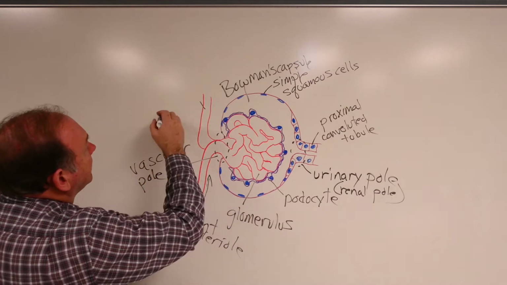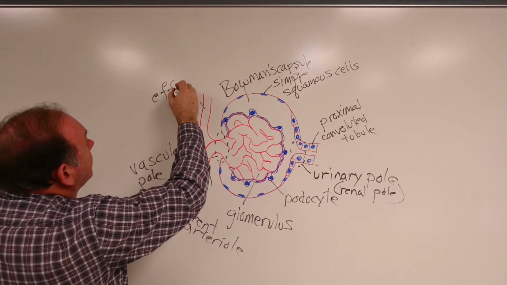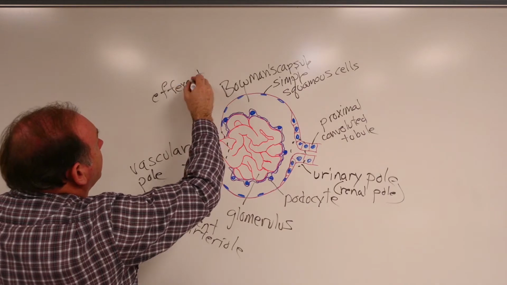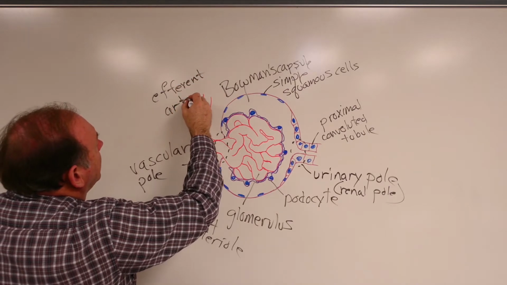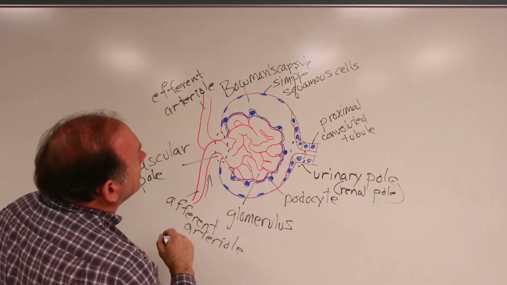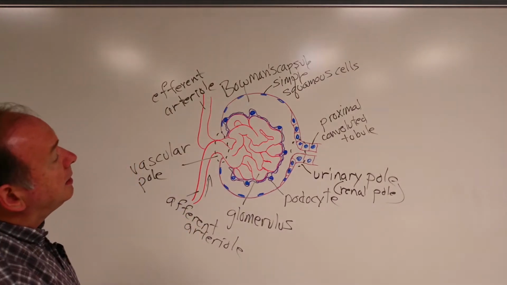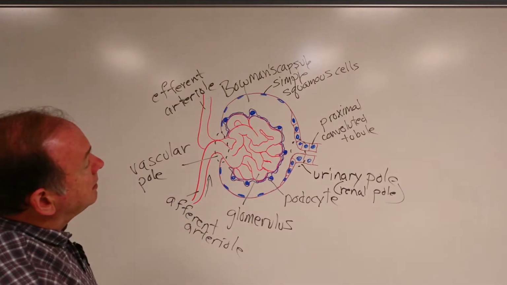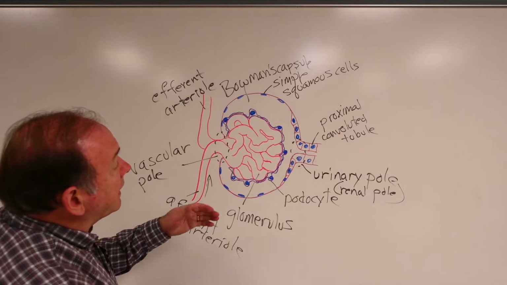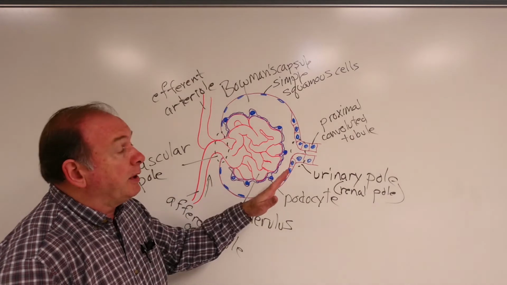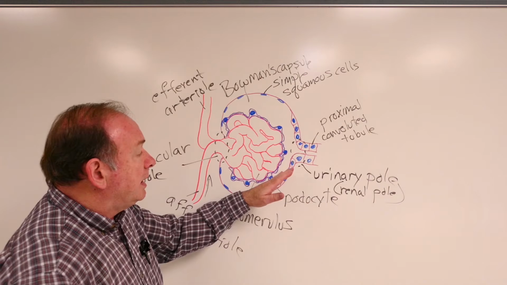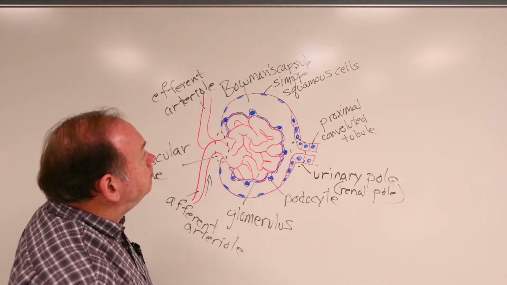And this is leaving as an efferent arteriole. The next thing we're going to look at is the filtering membrane between the blood and Bowman's capsule.